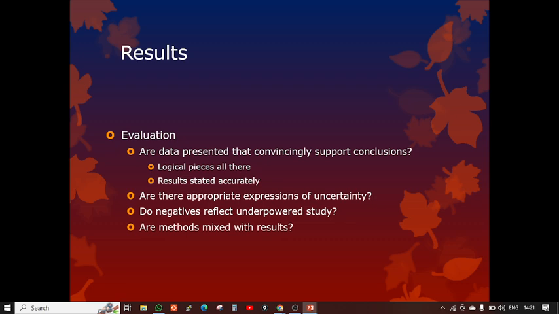Are there appropriate expressions of uncertainty? Whenever we report results, we also always keep the error level or uncertainty level in mind. This is one of the main things that should be included in the results section. If you do not mention the uncertainty, some type of error is still there, so it is better to state the uncertainty level or the level of error. For example, the temperature is 25.7 degrees.